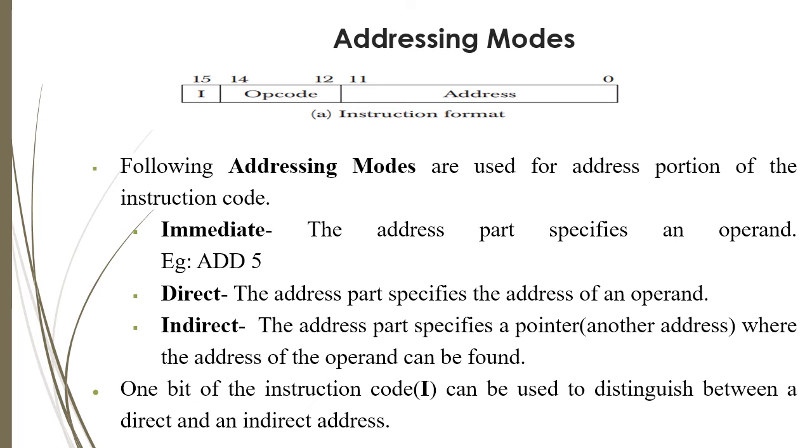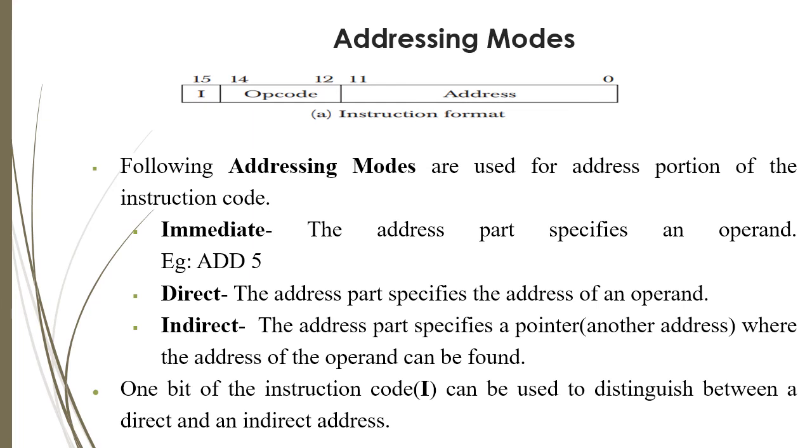A single memory reference is used to access the data and no additional calculations are needed to find the effective address of the operand. Here, effective address means the location where the operand is present.